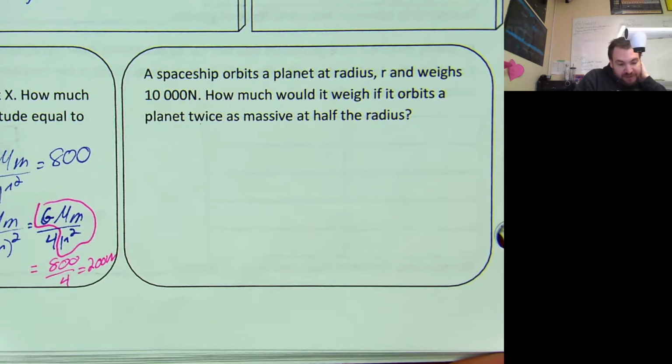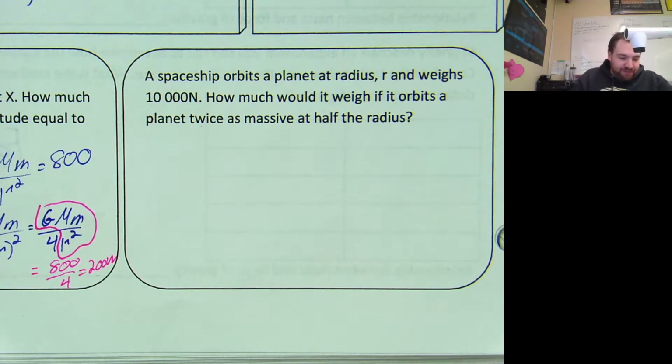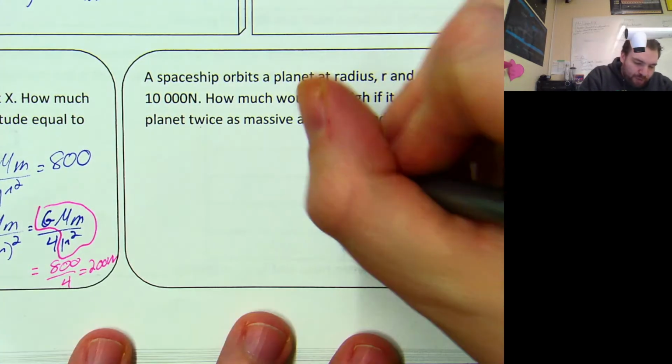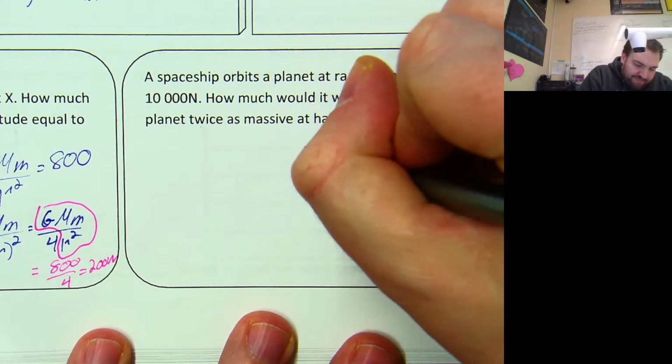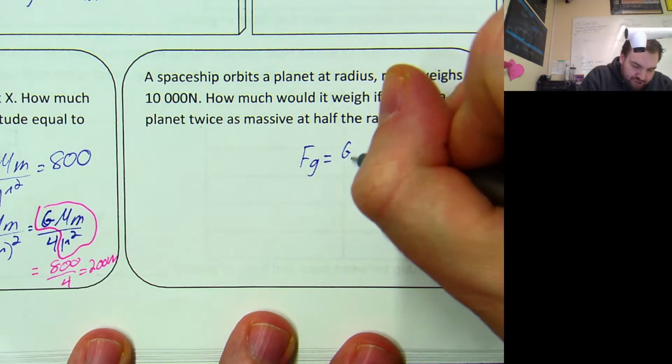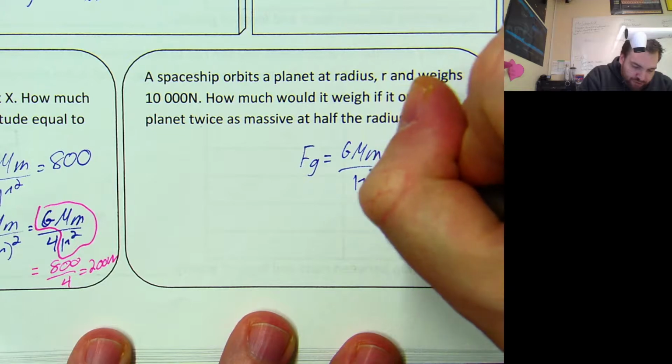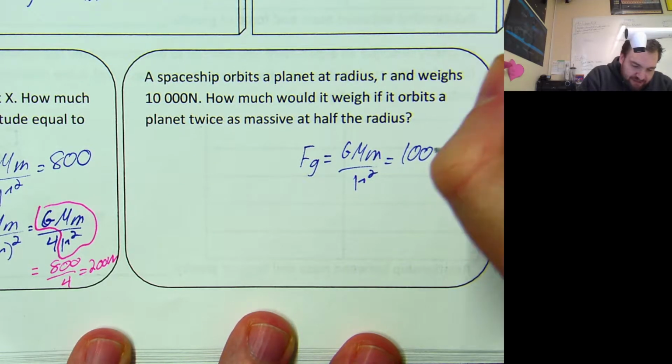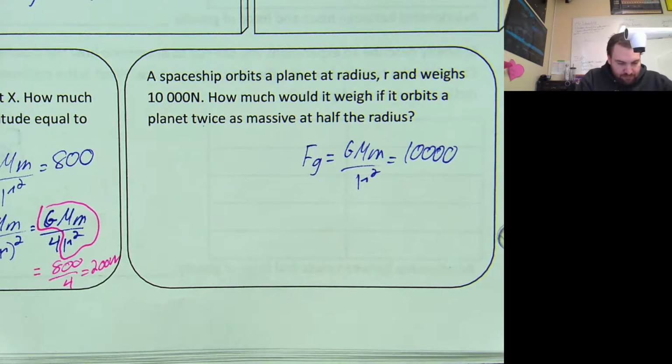So a spaceship orbits a planet of radius r and weighs 10,000 newtons. How much would it weigh if it orbits a planet twice as massive as half the radius? Well, that's fun. We know that Fg, GMm over r squared, equals 10,000 newtons.